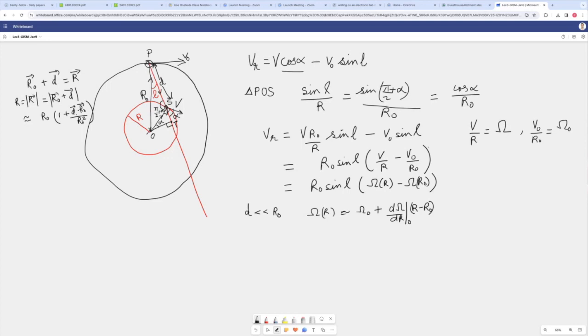Okay, and what is d dot r naught? Remember, d is in this direction, r naught is in that direction.